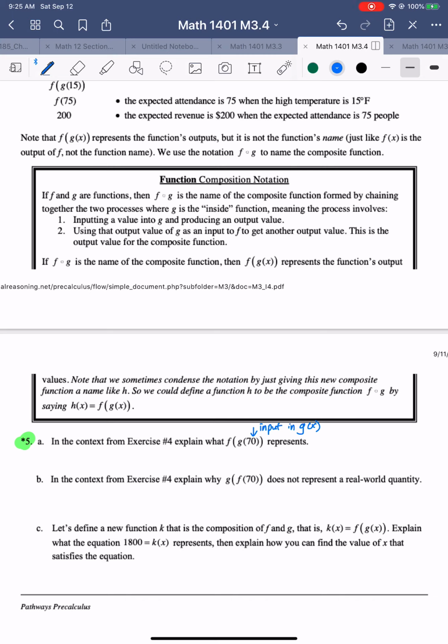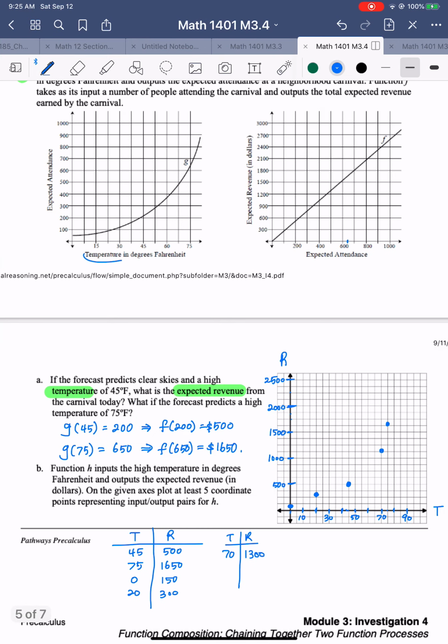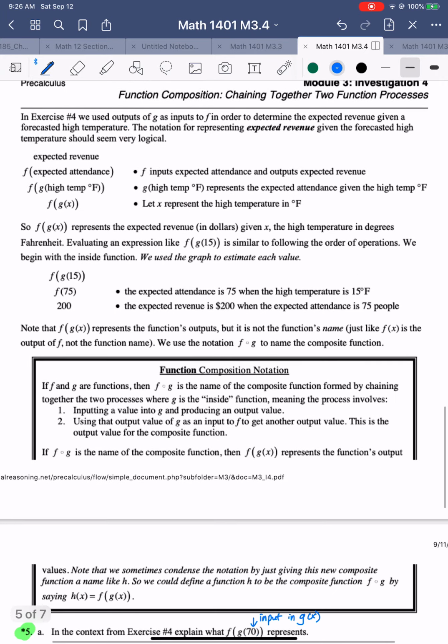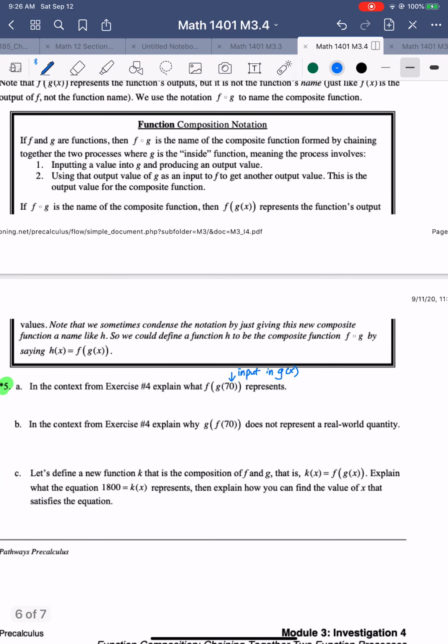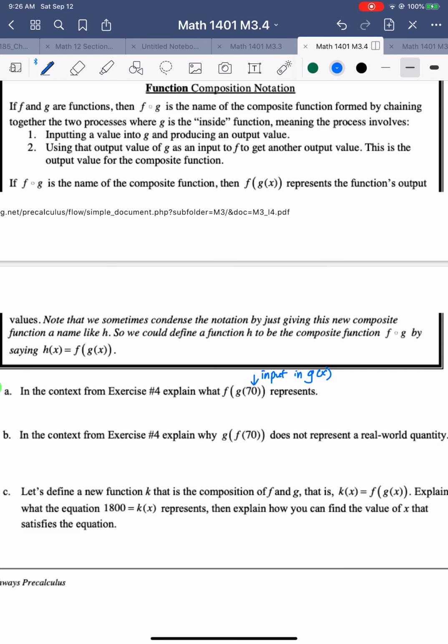Which means the input of the g function was temperature, right? Isn't it temperature, the g function? So the input is a temperature of 70, and then you get the output, whatever 70 gives, the number of people, and that gives us the expected revenue from the number of people, right?